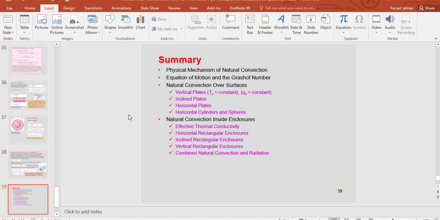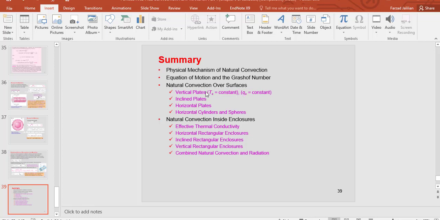So today we have finished our discussion about convection heat transfer. This is a summary of what we have learned in this chapter: the physical mechanism of natural convection, the equation of motion, and the Grashof number, which was important to know if the flow is laminar or turbulent.